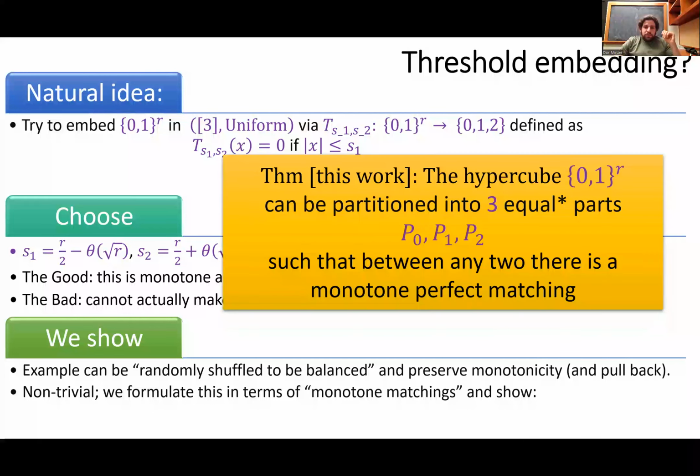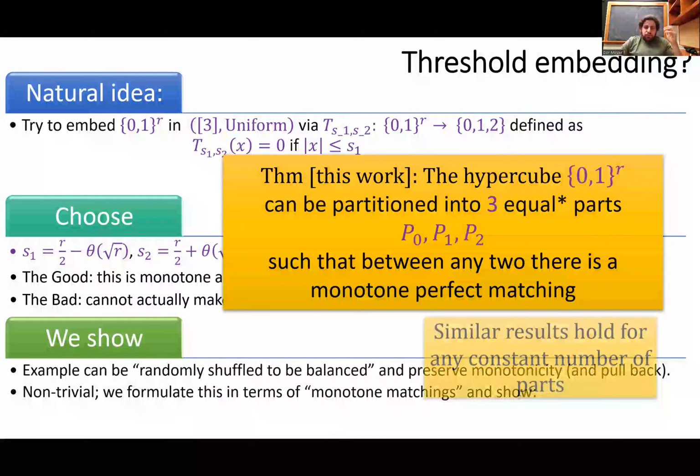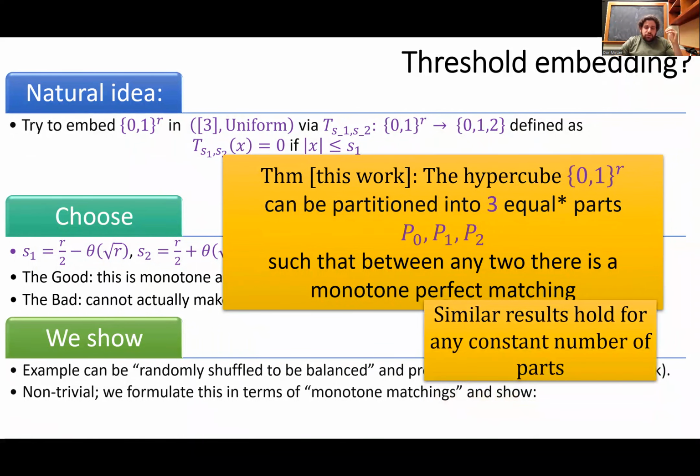And formally speaking, what we really have to prove is that you can partition the hypercube into 3 roughly equal parts, as equal as they can be, because 3 is an odd number, so that between any 2 parts there is a perfect monotone matching. And in fact, you can do it for any constant number of parts. There is nothing special about 3. And this is how we construct embeddings for the hypergrid.